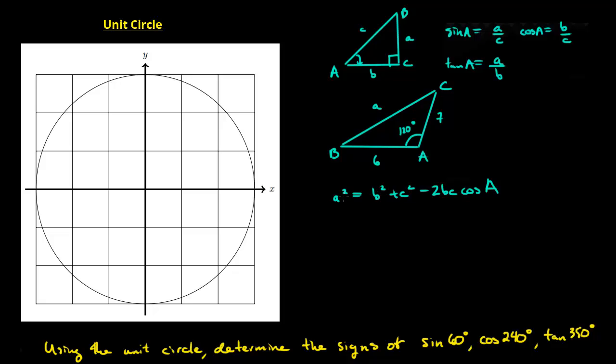Now, you probably went about solving this, and you can because you can plug in a bunch of numbers into this equation, and we've got that a squared is equal to 7 squared plus 6 squared minus 2 times 7 times 6 times the cosine of 120 degrees.